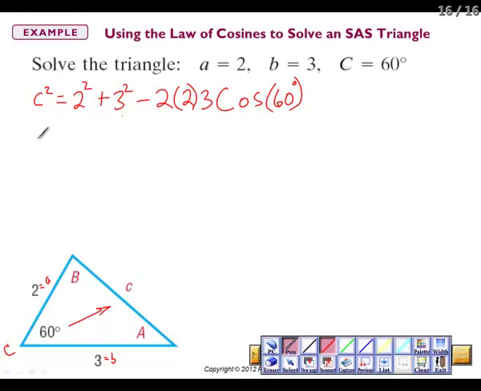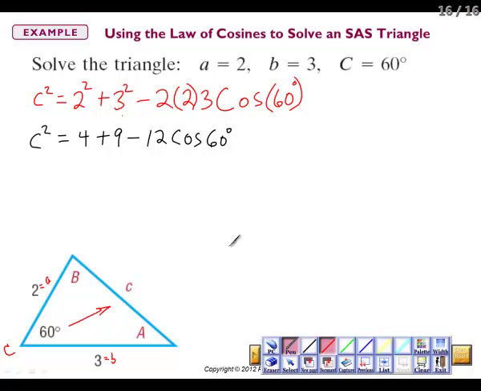Okay, so we get here c squared, and from here you can go ahead and apply the whole thing into the calculator straight out. But I'm going to go ahead and work this out. So this will be 4 plus 3 squared is 9, minus 2 times 4, 2 times 2 is 4, times 3 is 12, cosine 60 degrees.